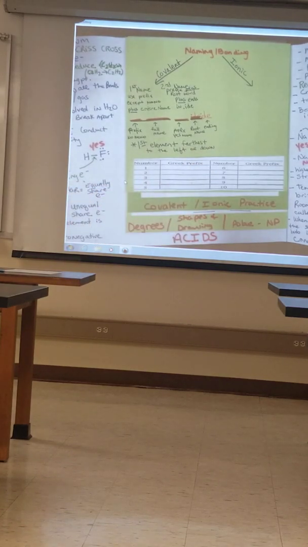Okay, so if I got two of them and they're on the same group up and down, then the one that's further down is gonna be the first one. If they are on the same period, then the one that's further to the left is gonna be the one that's gonna be named first.